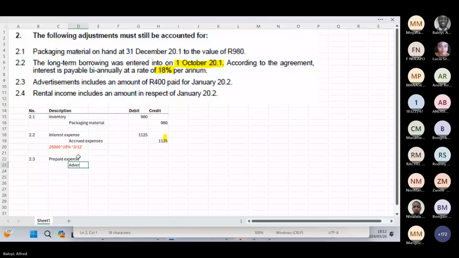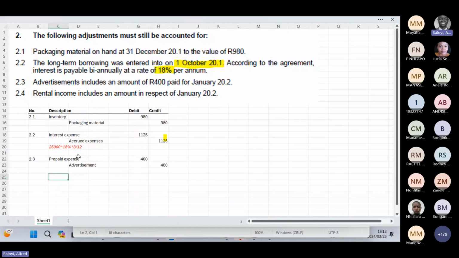So basically, you will debit the 400 to prepaid expense, and you remove the 400 from advertisement.